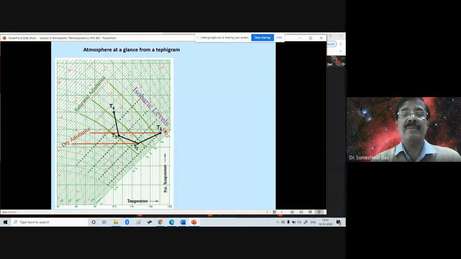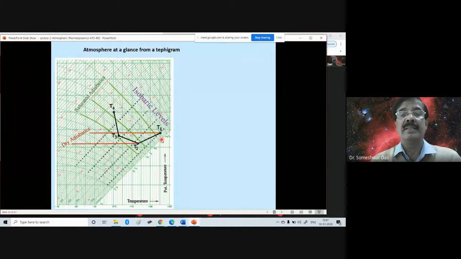And this is one example of a temperature profile plotted on a T-phi gram. So this is temperature T1, T2 at different levels, because these are the isobaric levels. At this pressure level, 1000 millibar, the observed temperature, let's say, is T1. Then above that, maybe about 950 millibar, the temperature is T2, and so on, T4.